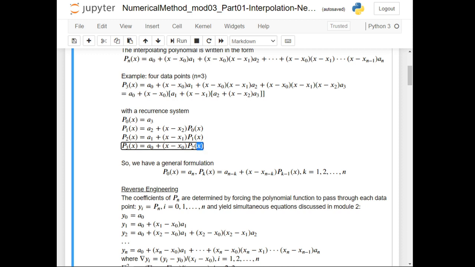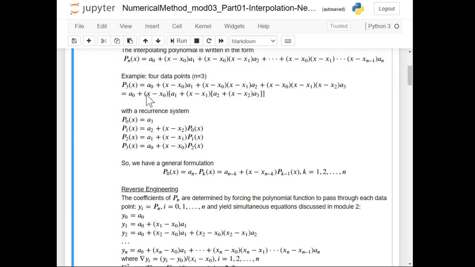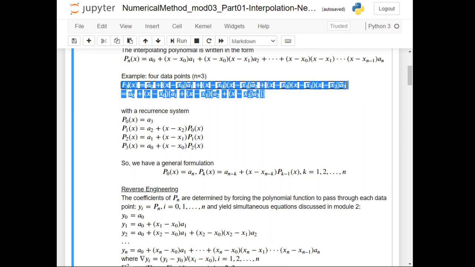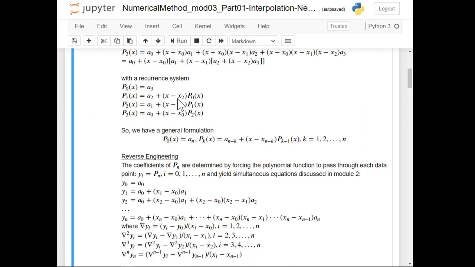Okay, basically this one is simply combining these 4, we can actually have this expression. Okay, so therefore, having this recurrence formula or recurrence system, this makes us think of a numerical method.